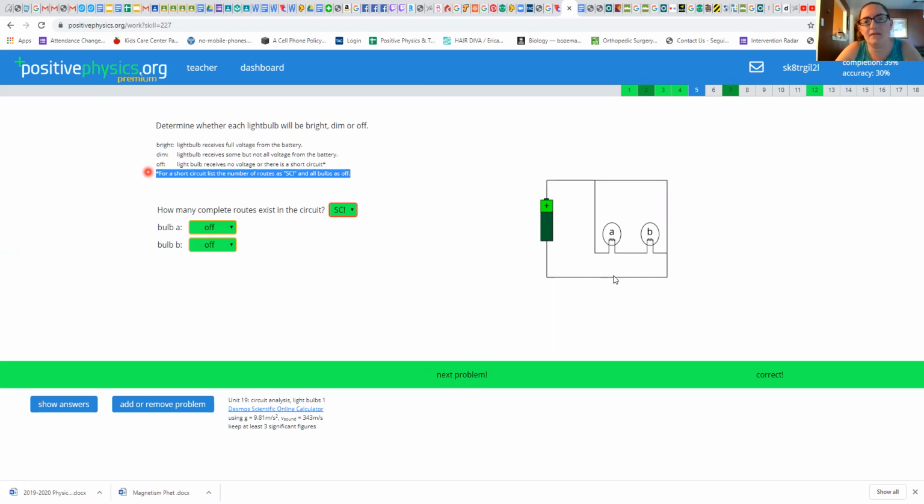And why I'm saying that is because short circuits only go through the wires and not through resistors or light bulbs. So for this one, this route is going to go here. So I'm drawing over, sorry, my line is not following quite 100%, but it's going to follow that path. So it's not going to go through these light bulbs. So that's what it means by short circuits. Short circuits do not go through light bulbs or resistors.